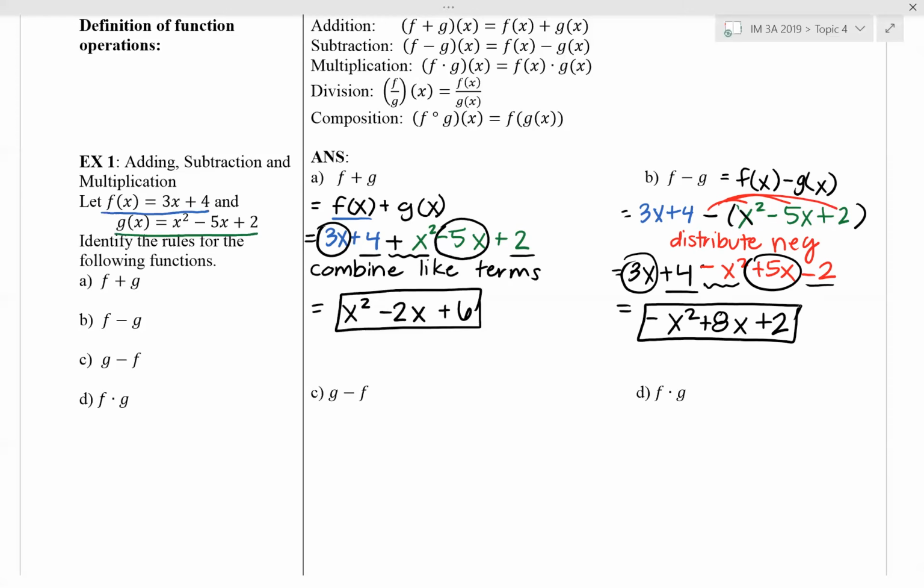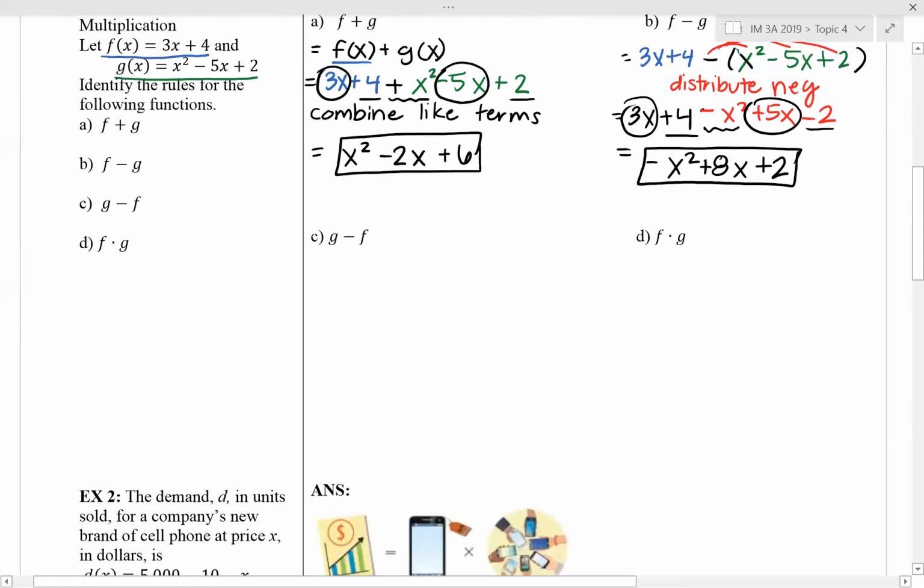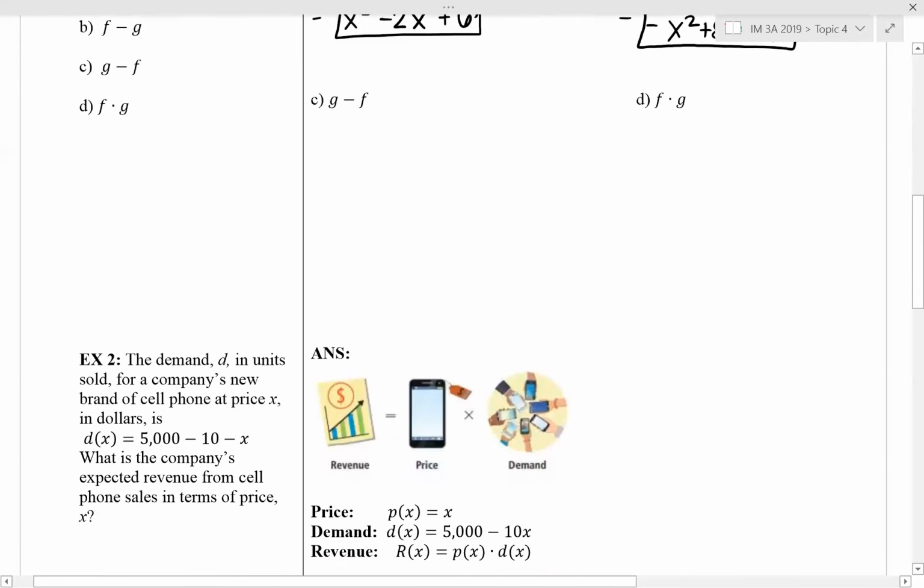So that was adding f plus g, subtracting f minus g, and then for part C, they're asking us to subtract g minus f. That means that instead of taking g away from f, we're taking f away from g. So we're changing the signs on the f of x equation rather than the g of x equation.